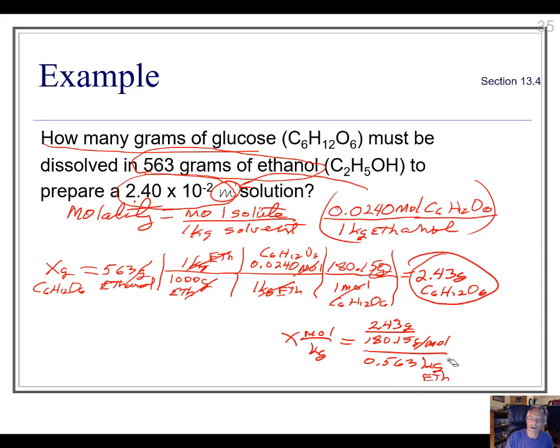Okay, so let's just make sure we're all on the right page. Divided by 180.15, divided by 0.563, and voila, I get 0.0240 molal. So that gives me my concentration back, 0.0240, lowercase m, that's molality. So we're good.